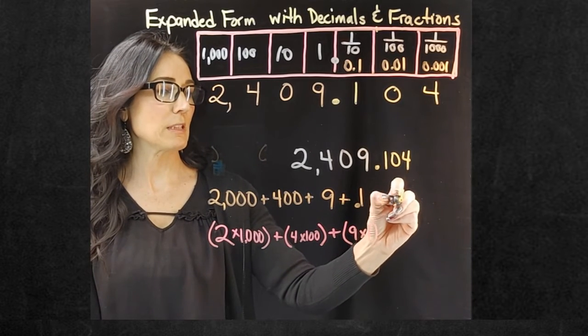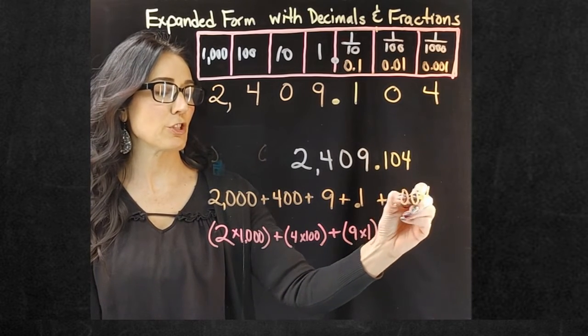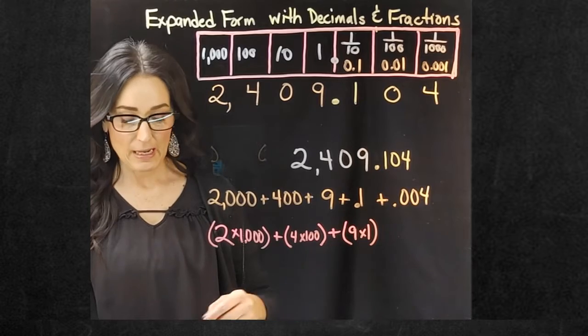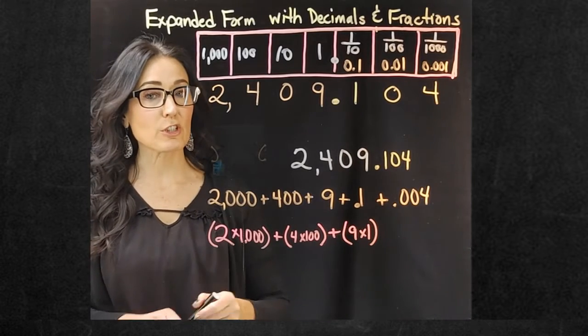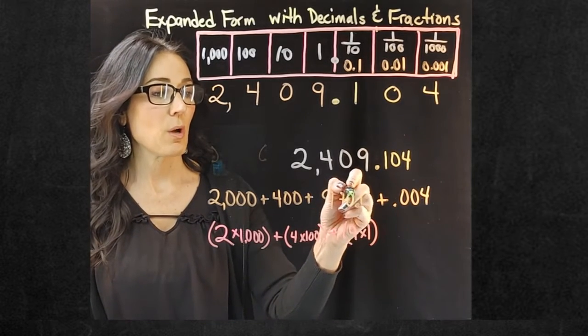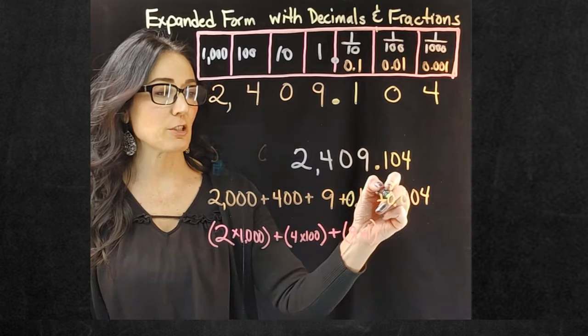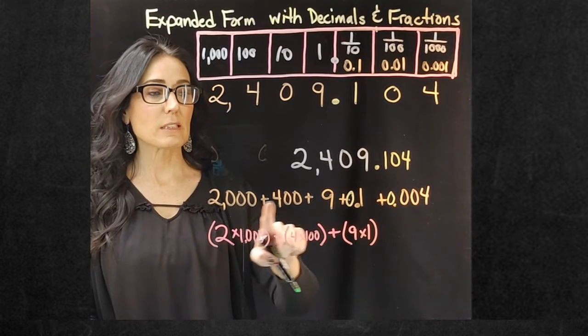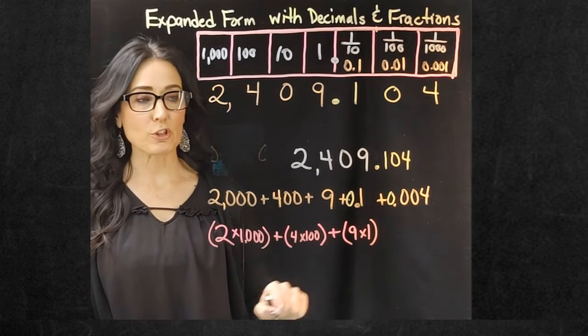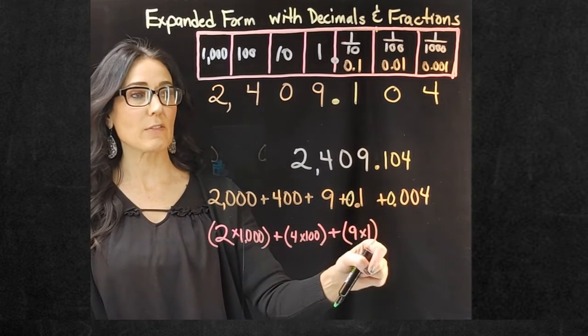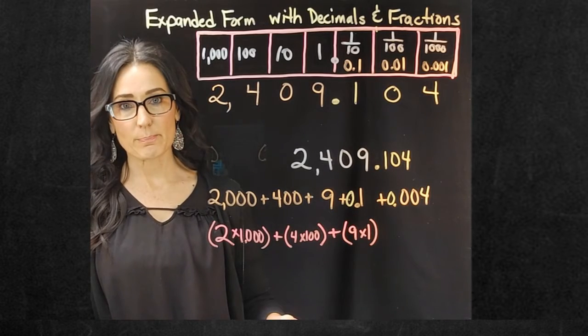So I would put 0, 0, 4, showing that it is the third decimal over. Now the other thing that you can do is show that you have 0 whole numbers, and that's a really common thing. So this is how you would write it if you had decimals. You would just show the exact place value of each digit.